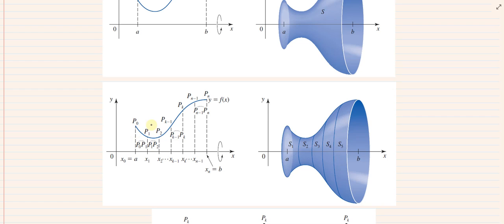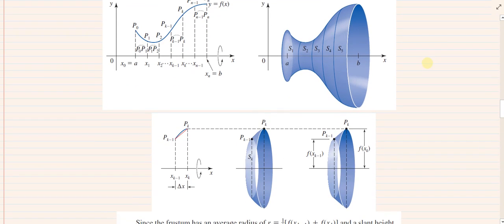If we can find what each of these surfaces is and how to calculate them, we get the exact surface area. So how are we going to approximate these? This is what the process is. Suppose I have an arc. I'm just going to do a blow up of that portion. Suppose this is my arc, and I'm going to make it bend like that.